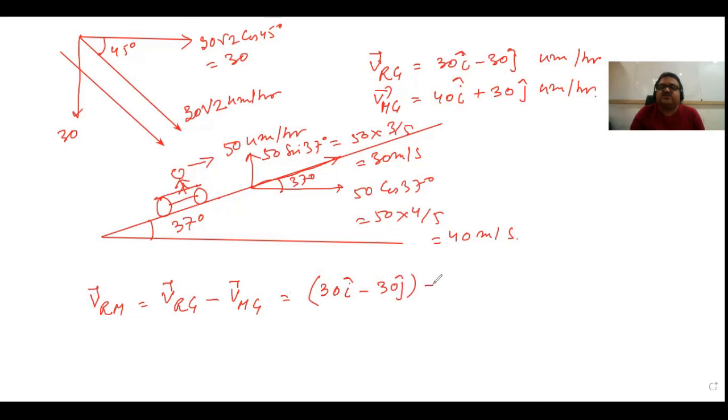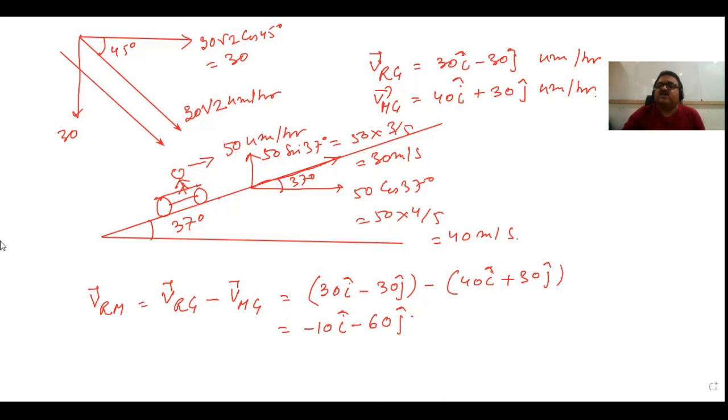And the velocity of the man with respect to the ground is 40 i cap plus 30 j cap. Now look at this, what will happen? 30 minus 40 will be minus 10 i cap. Minus 30 minus 30 will be minus 60 j cap.